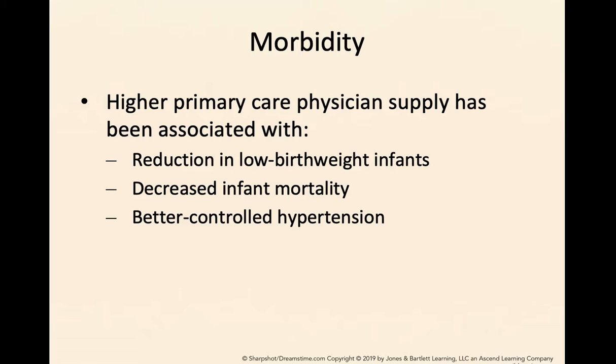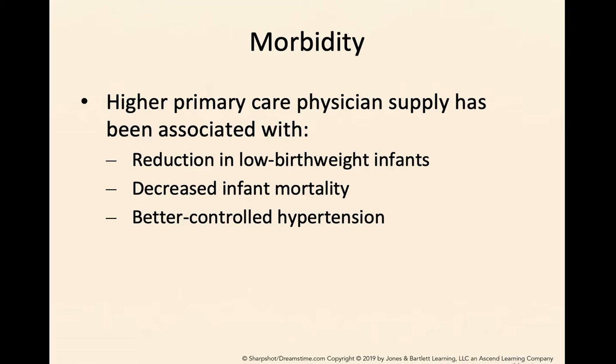Morbidity, by the way, refers to sickness or injury in any given population. Entry-level access through primary care is associated with better health outcomes, and therefore lower morbidity in a given population. Patients with better experience of primary care reported better health, such as a lower occurrence of low birth weight infants.